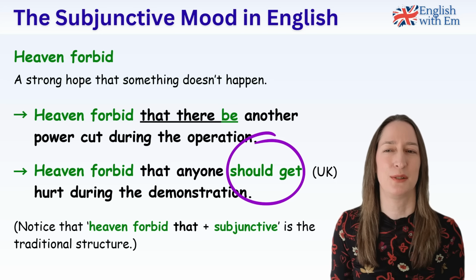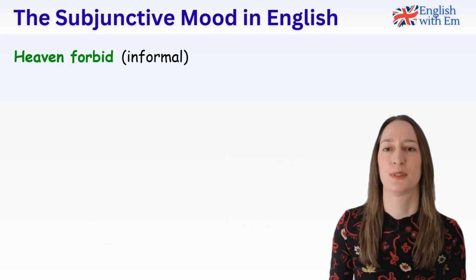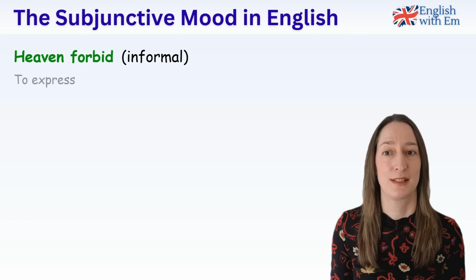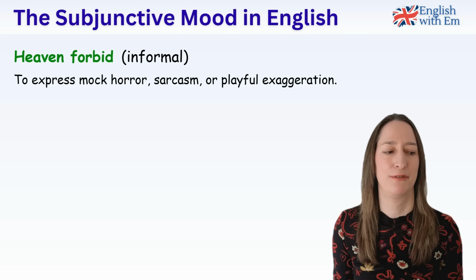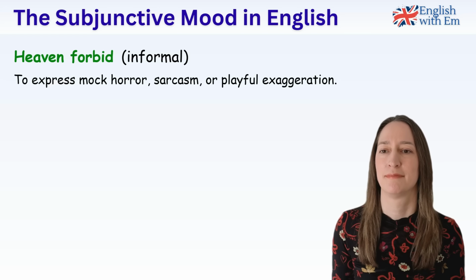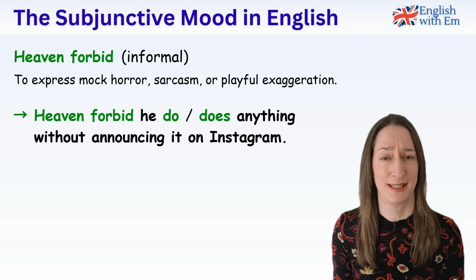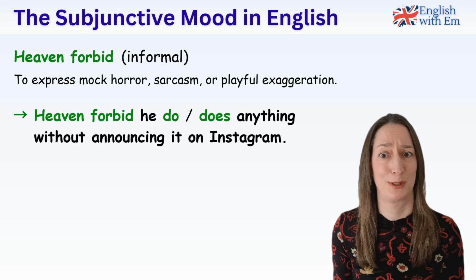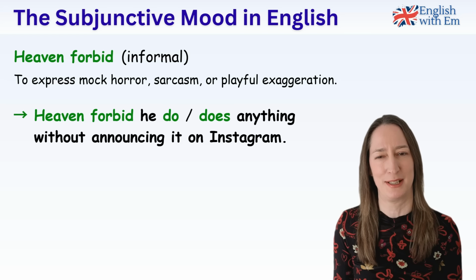Now, we don't just use heaven forbid in formal contexts. It is also used informally to express mock horror, sarcasm, or playful exaggeration. Heaven forbid he do anything without announcing it on Instagram. Or heaven forbid he does anything without announcing it on Instagram.